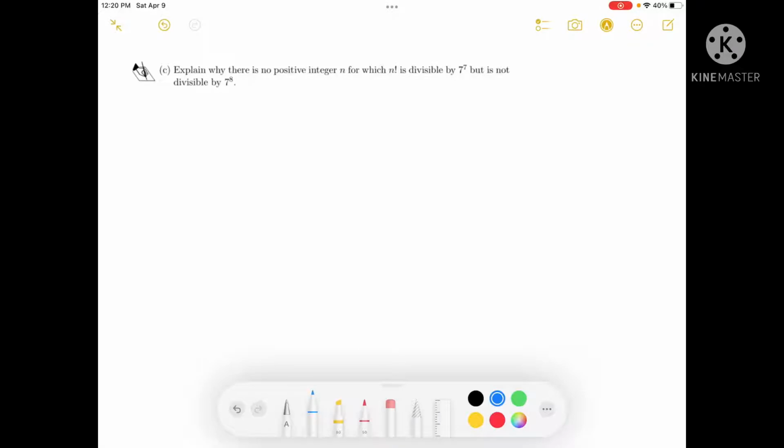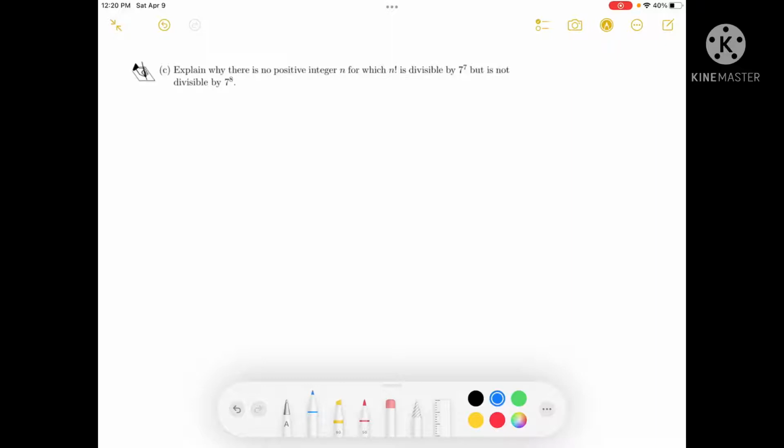Now let's solve the third part, C. Explain why there is no positive integer n for which n factorial is divisible by 7 to the power of 7, but not divisible by 7 to the power of 8.